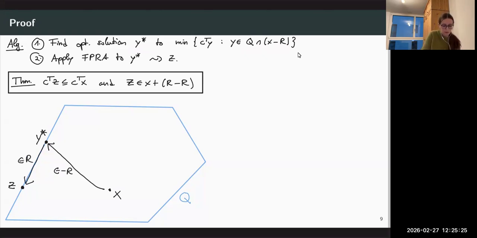That's how the error body was chosen, such that the FPRA, our phase-preserving rounding algorithm, when going from y star to z, we move away by some vector that is in R.